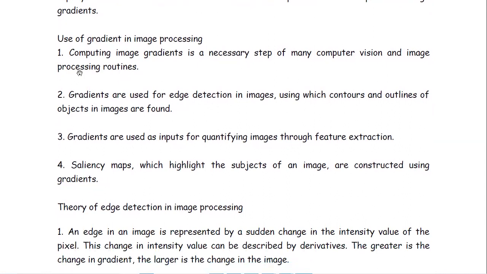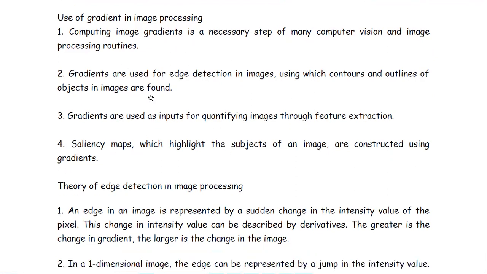First of all, computing image gradients is a necessary step of many computer vision and image processing routines. If we talk about, suppose, object detection in an image, or, as an example, tumor detection, in such cases we take the help of the computation of image gradients.